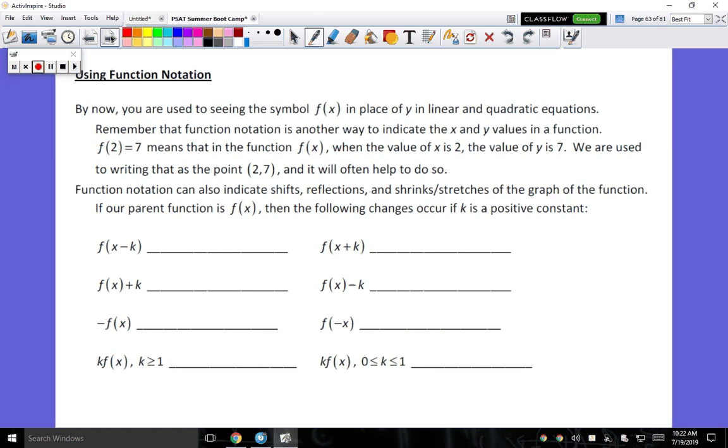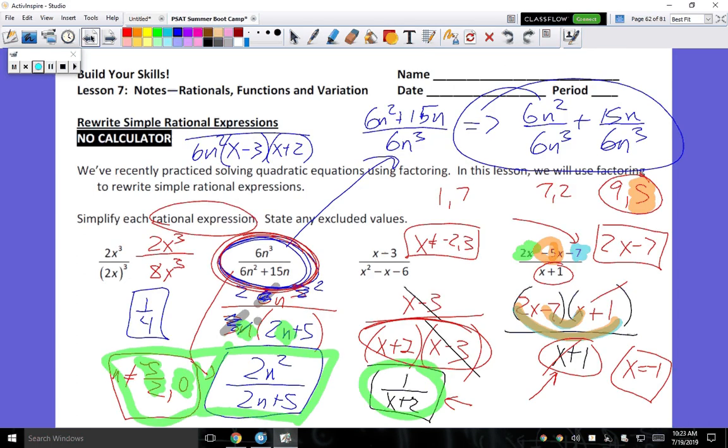Now, we've seen functions given to us that look like this, which the parent function is a quadratic. Mr. Gomez, oh, sorry, go ahead. Going back to the simplifying radicals, on the first one, shouldn't x not be able to equal 0?